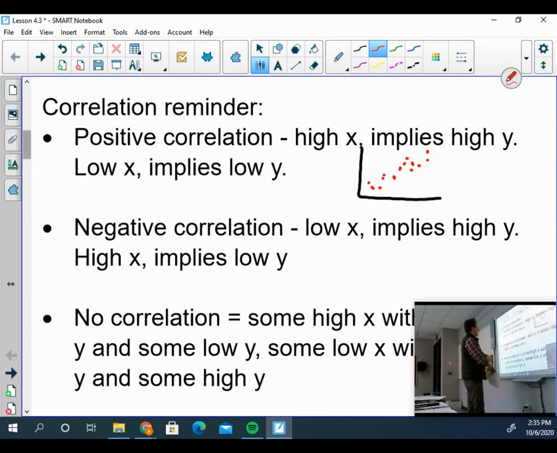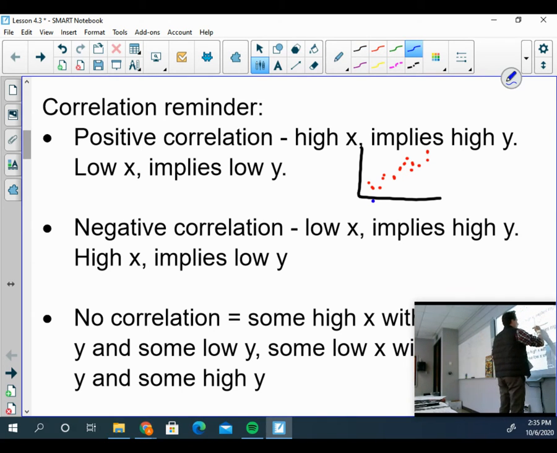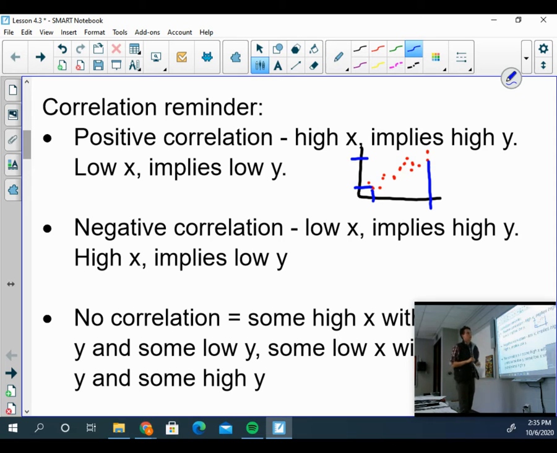If we have a low value in one category, we have a low value in the other. This can be seen here. For a low value of X, I have a low value of Y. For a high value of X, I have a high value of Y. Obviously, it's not a direct relationship, but it's pretty close in general. As one increases, so does the other.